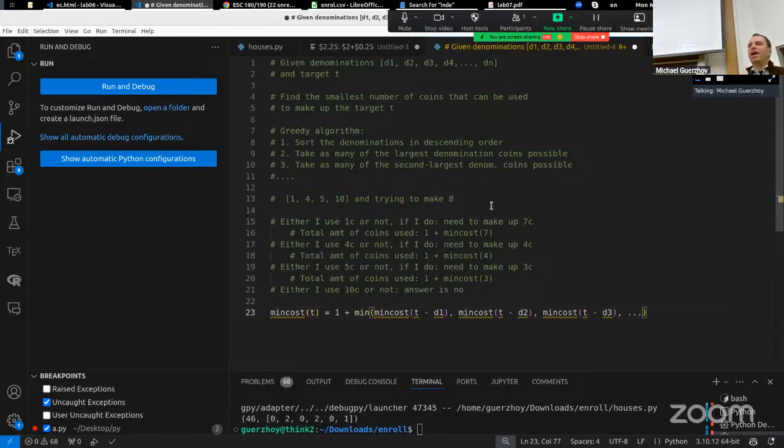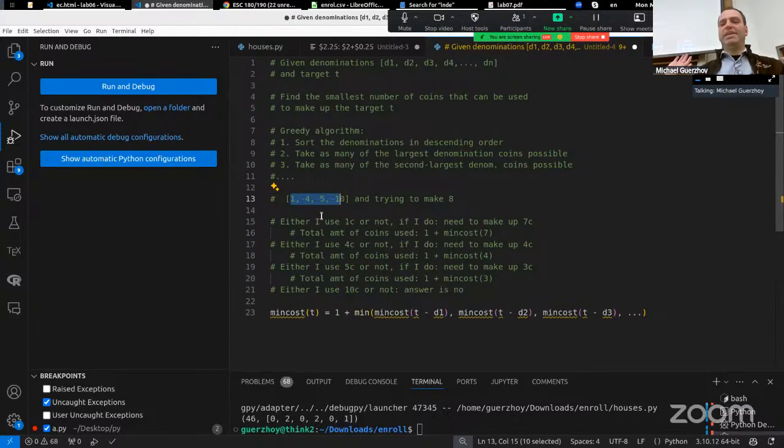So to remind you, this is the coins problem, right? So this is from last time. So we have those denominations, D1, D2, and so on. So the example that we had in mind was, what if hypothetically we have 1 cent, and we have a 4-cent coin, and we have a 5-cent coin, and we have a 10-cent coin?